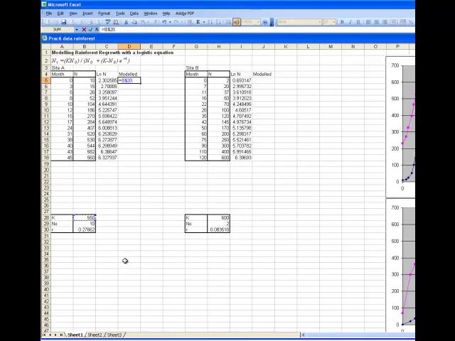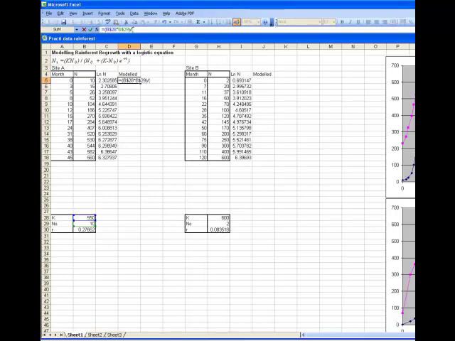So that's k multiplied by n0. N0 is just below it. Again, if we press F4 twice, we'll end up with a dollar sign in front of the 29. So we've got k times n0. Put a bracket around those two. It's divided by n0 plus k minus n0 times e to the rt.